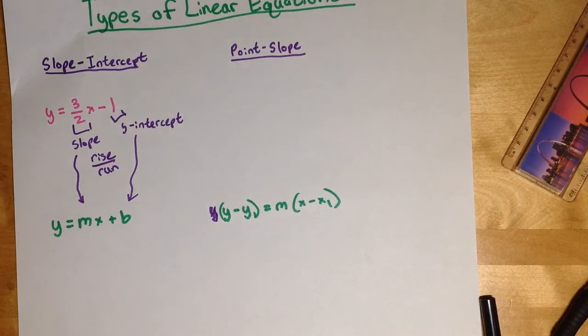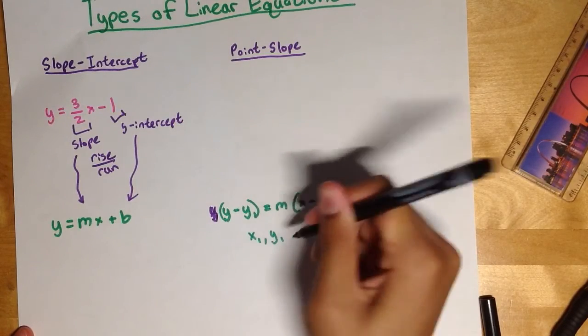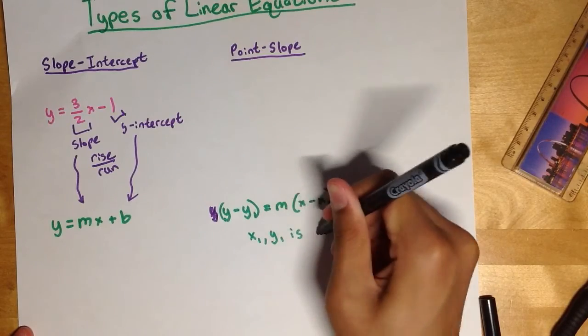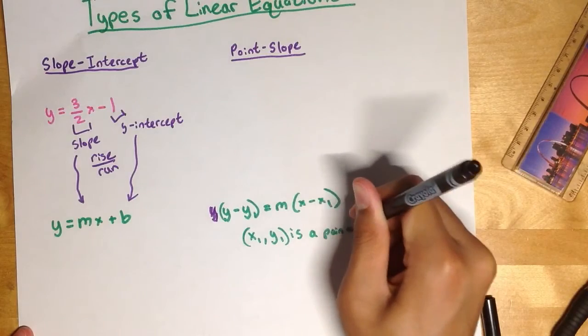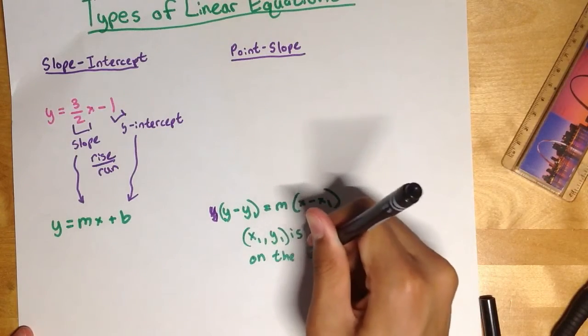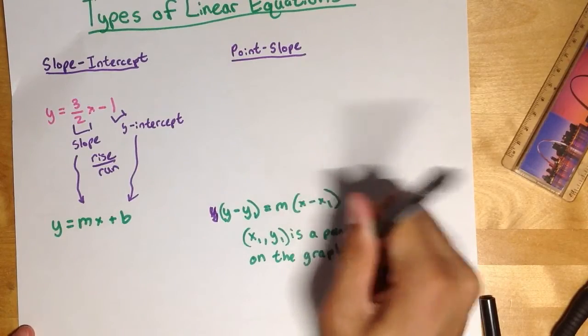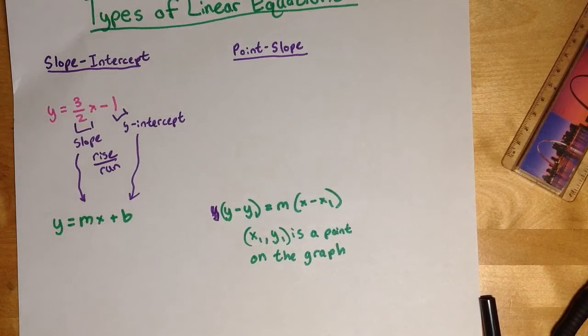So what are y1 and x1 in this context? Basically, x1, y1 is a point on the graph. Also a very helpful format, right? So you still have your slope of m, and you also get a free point out of this format.